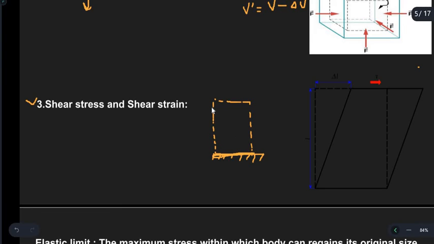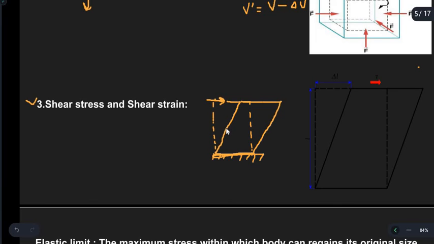Now what is happening? You are applying a force like this, tangential to the surface. So what will happen? The upper part will slightly move, but this part will be fixed. So the body will become like this, right?